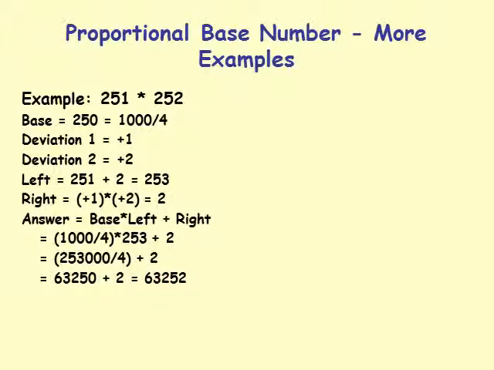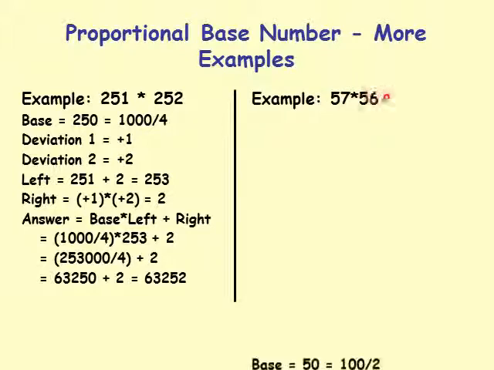So we were able to compute 251 times 252. The only multiplication we did was adding 3 zeros to 253, and then we divided by 4. Now let's do another example: 57 times 56. We take a base of 50, which we get from 100 divided by 2.